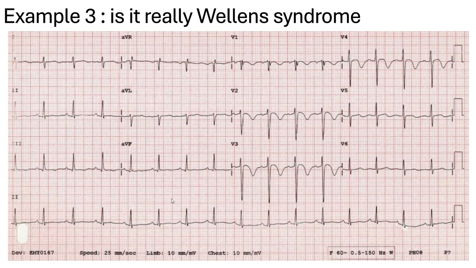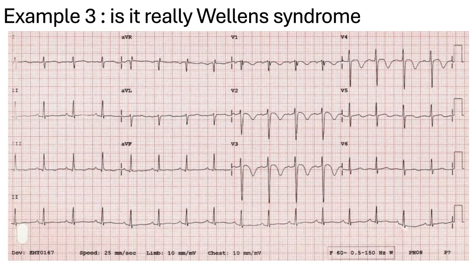Now let's have a look at an interesting example. Here it may look like a Wellens pattern, but actually if we look closely, we have other features. If you calculate here, the heart rate is about 100, and we consider it a right axis deviation. We have also a clockwise rotation.